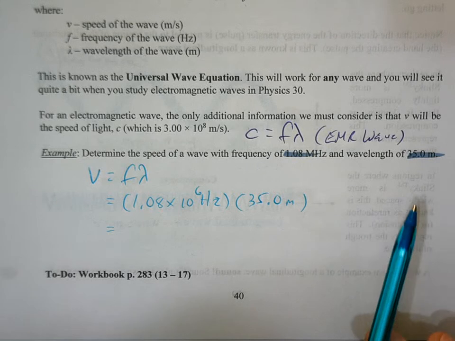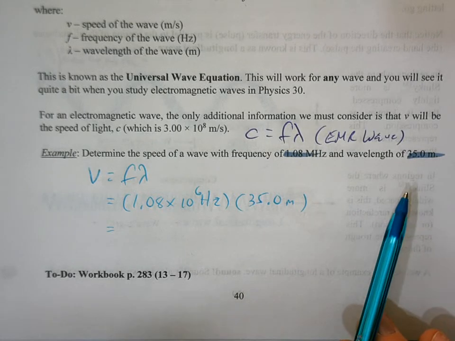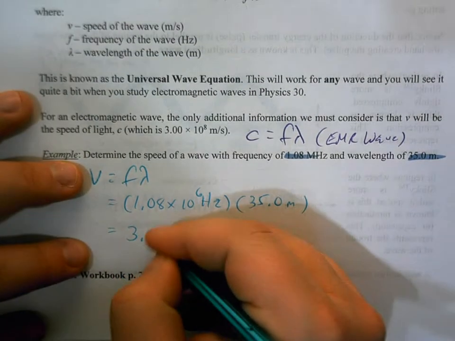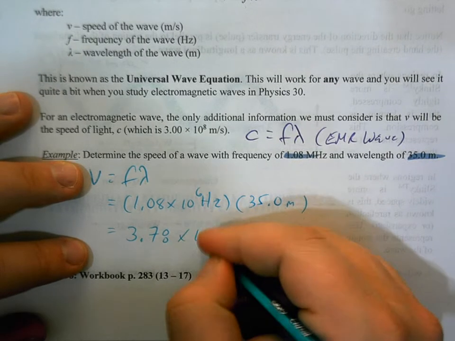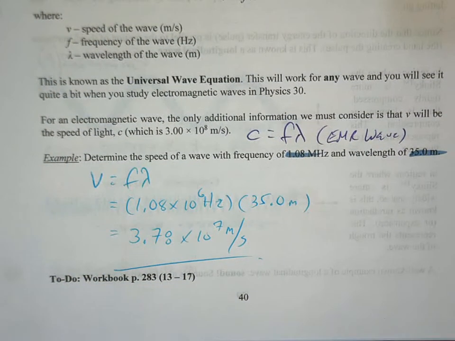Well, actually, it can't be a radio wave because this isn't going to come out to the speed of sound. So what kind of wave this is, who knows. What we are going to find is a speed of about 3.78 times 10 to the 7 meters per second.